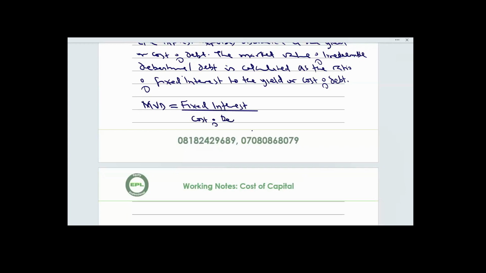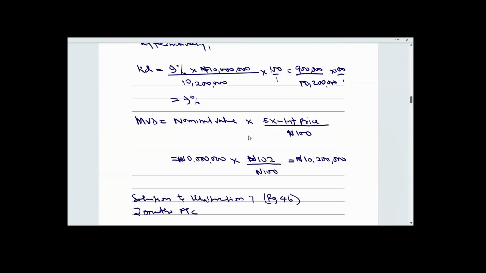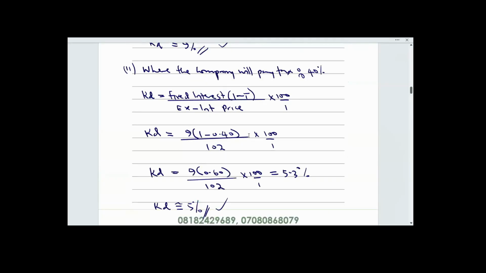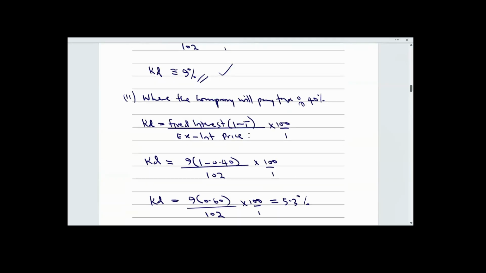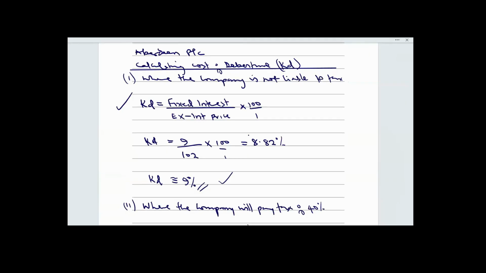Look at the formula for calculating cost of debt. The denominator that you have here is the market value of the debt. So the examiner is now asking you to calculate that denominator, the market value of the debt. So all you need to do is just cross multiply.